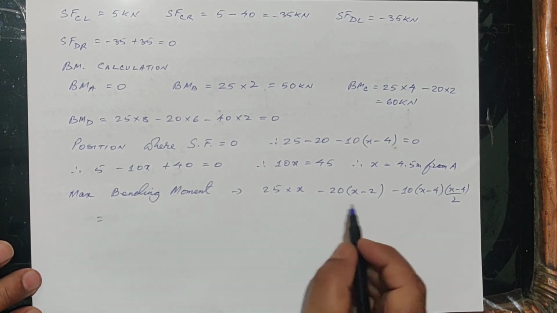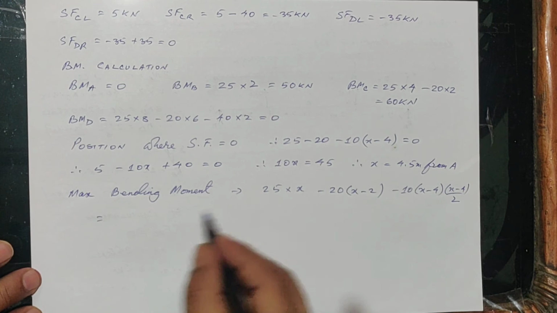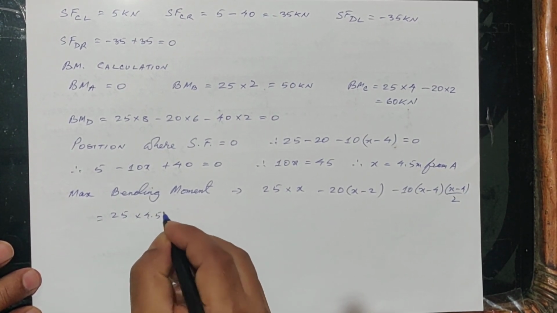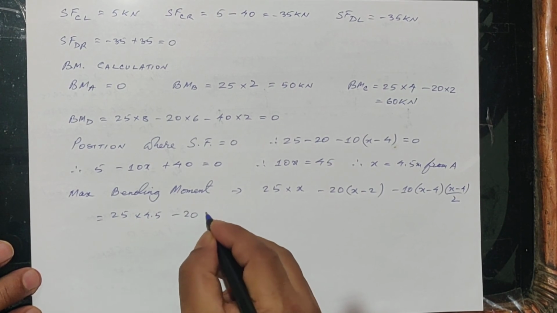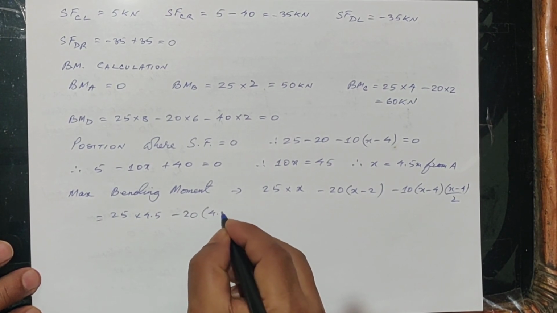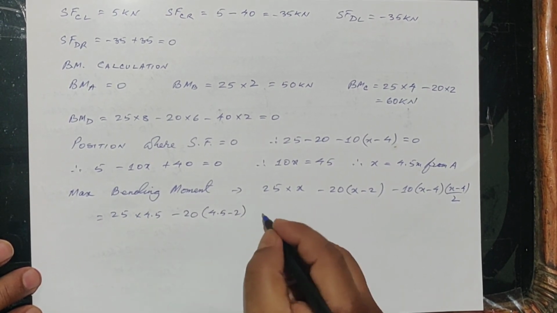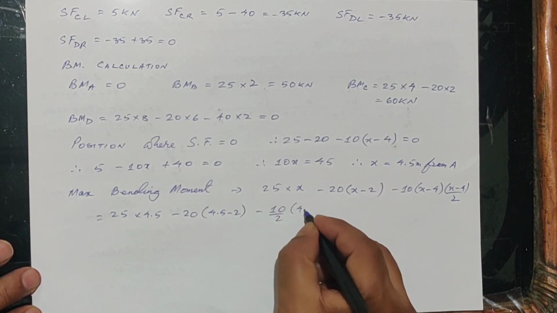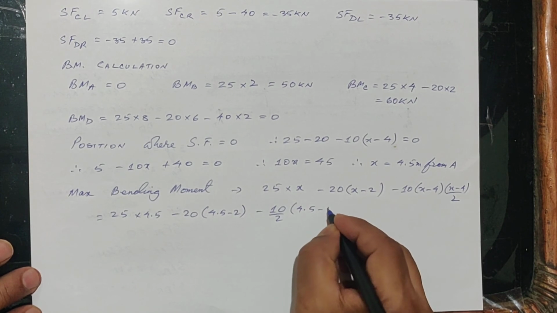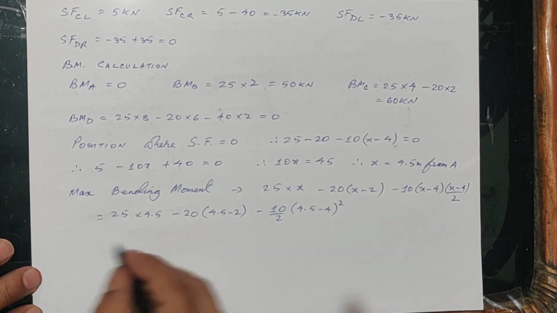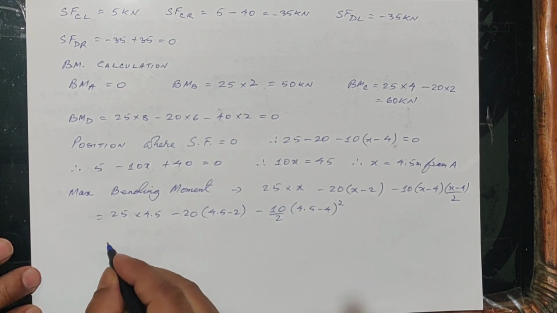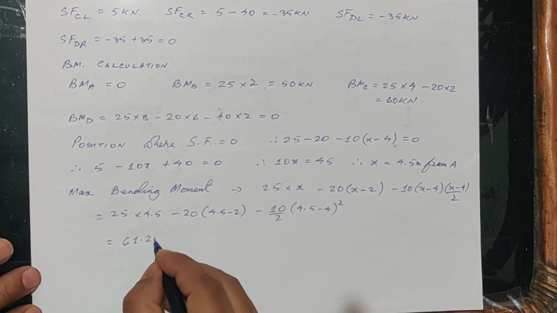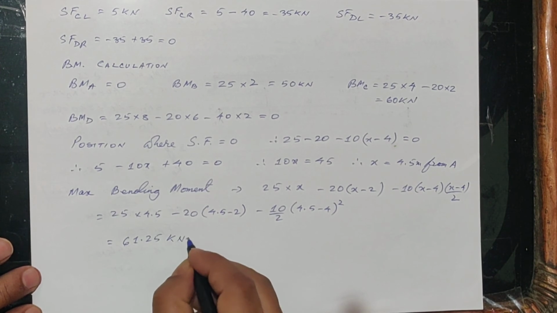So for x we will put 4.5. So 25 into 4.5 minus 20 multiplied by 4.5 minus 2 minus 10 by 2 into 4.5 minus 4 whole square. If you calculate this, this comes to 61.25 kilonewton meter.